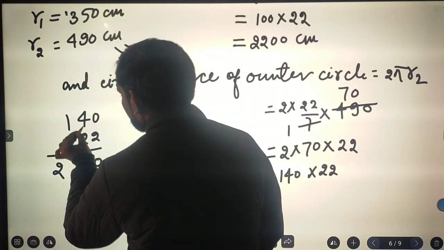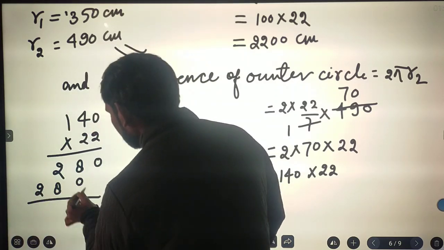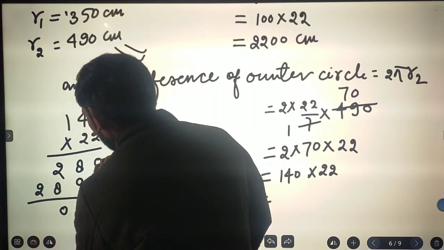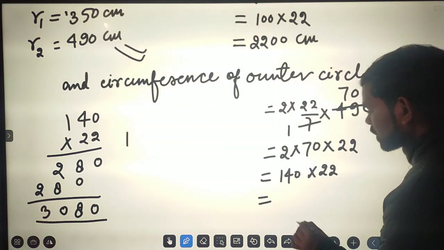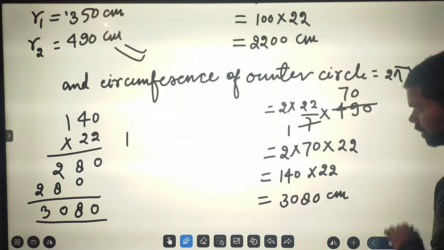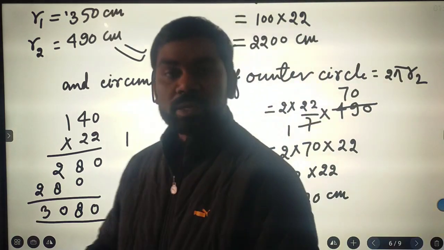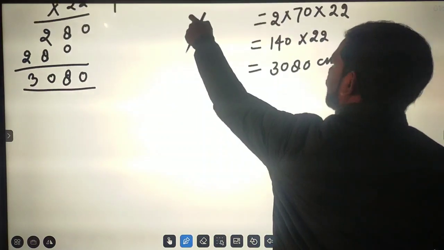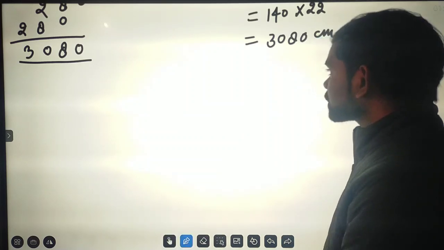Again 2 into 0 is 0, 2 fours are 8, and 2 ones are 2. Adding, we get 0, 8 plus 0 is 8, 8 plus 2 is 10, carry 1, and 2 plus 1 is 3. Therefore the circumference of the outer circle is 3080 centimeter. Now we have to find the difference between the circumferences of the concentric circles.